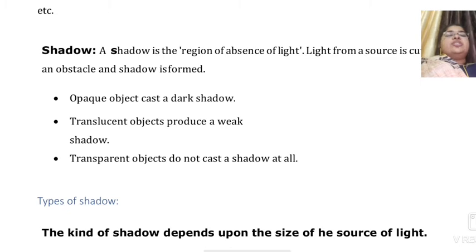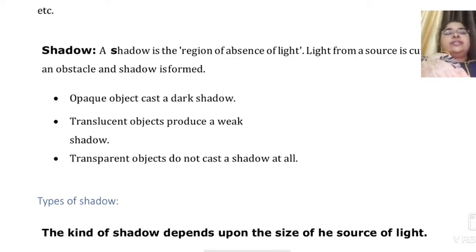So a translucent object produces a weak shadow. And the other object, the transparent object, does not cast a shadow at all because, student, a transparent object allows light to pass through it completely. So that's why a transparent object does not cast a shadow.